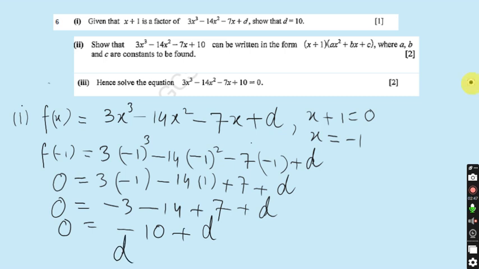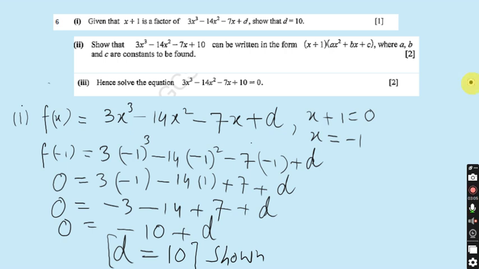Move minus 10 to the other side and you will get plus 10. So d is equal to 10, shown. This is the requirement of part 1.